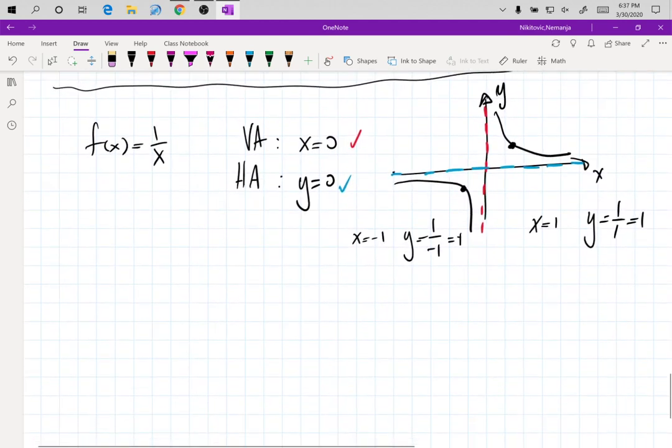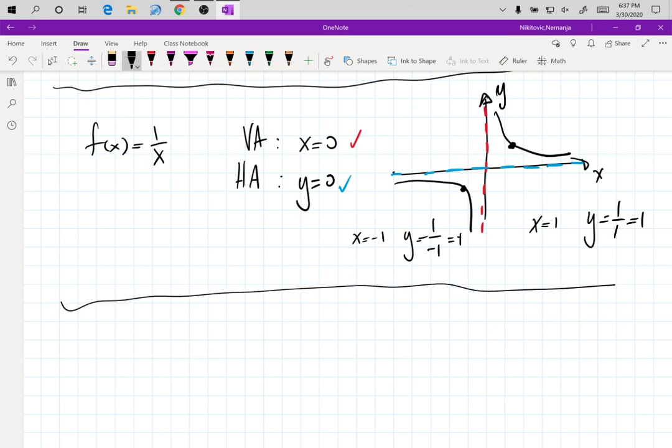Now, for a little bit more complicated case, remember the example I had before? F of x equals x squared plus 6x plus 5, I believe, divided by x squared minus 25.